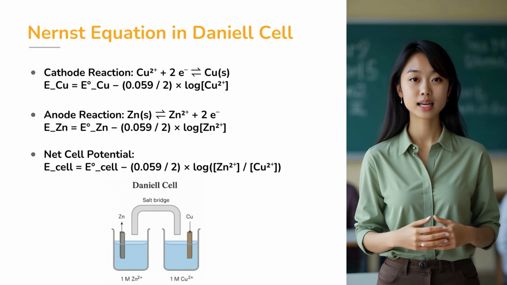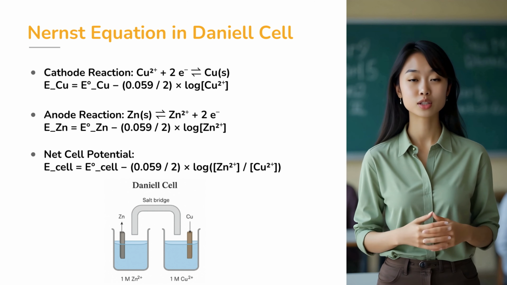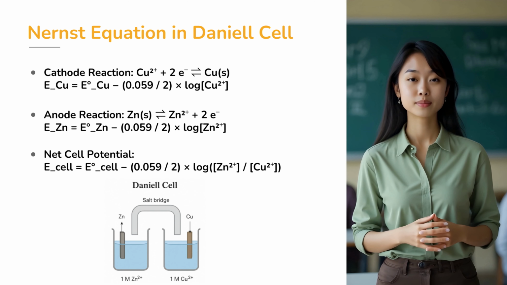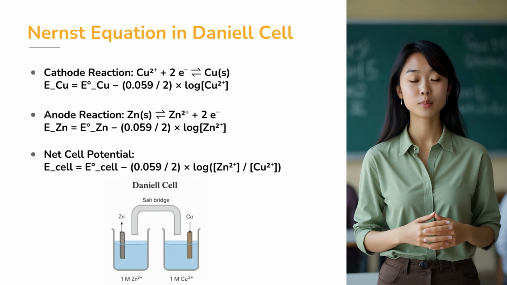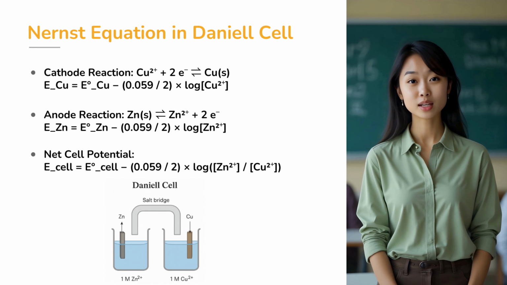Likewise, for the zinc electrode, it's the same formula, but now we plug in the concentration of zinc 2+ ions. The net cell potential is obtained by subtracting the anode potential from the cathode potential. This gives a new expression that includes both concentrations.